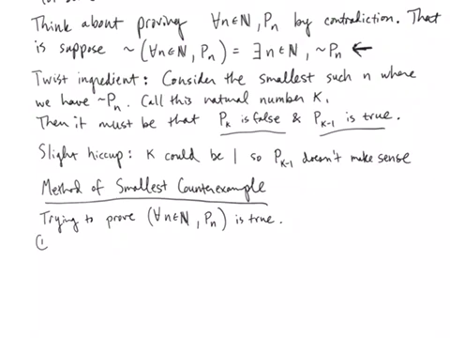The first step is the base case: you show that P sub 1 is true. So establish the base case.